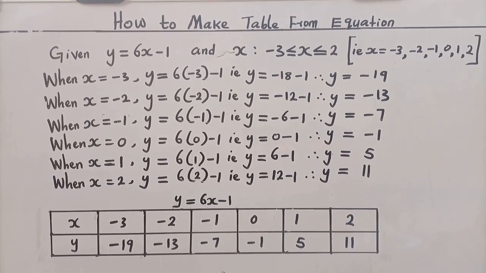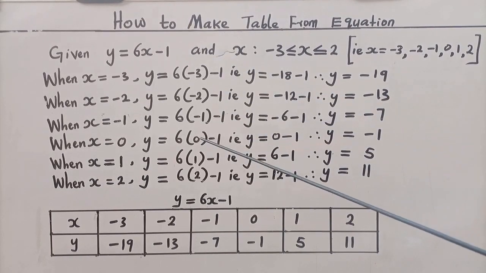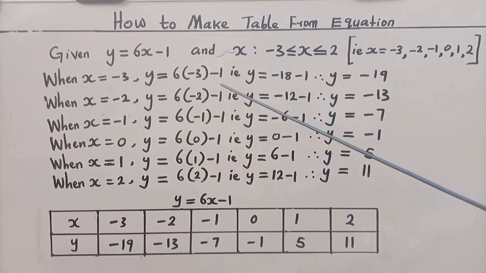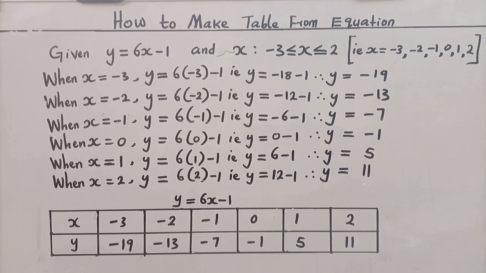In fact, sometimes we don't have to go through this long exercise before drawing a table. As beginners, this is suggested, but as we get more and more experienced in making tables from equations, we can become very fast by skipping this process. In the course of time, you will see its possibility.